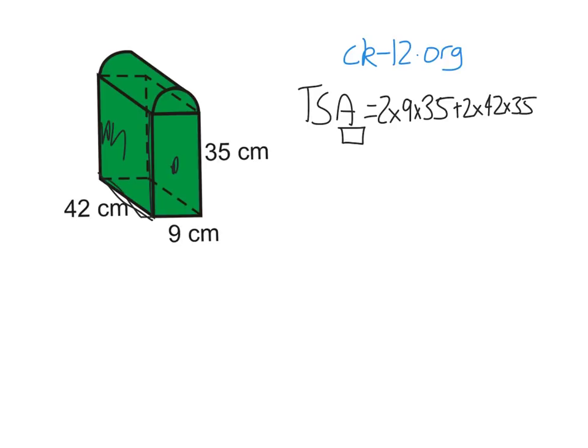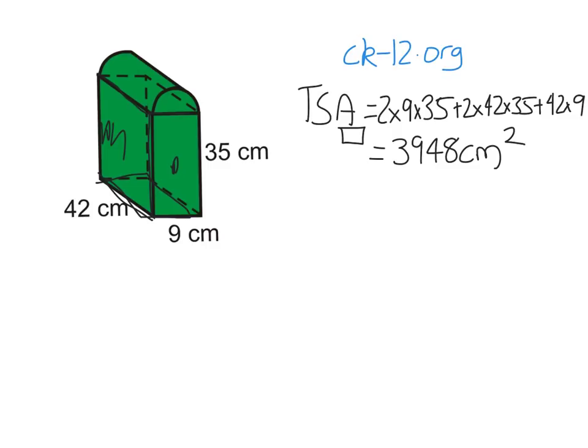See this one down the bottom, I only include that once because the one at the top is actually not showing. So that is just going to be 1 times 42 times 9. So if I put that on my calculator, I get 3,948. Of course, we are talking centimeters squared because it's surface area.